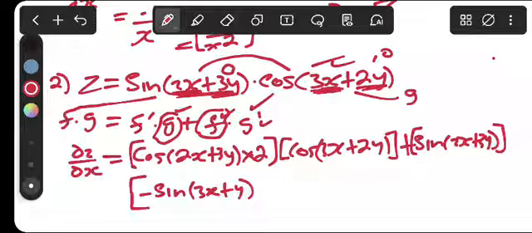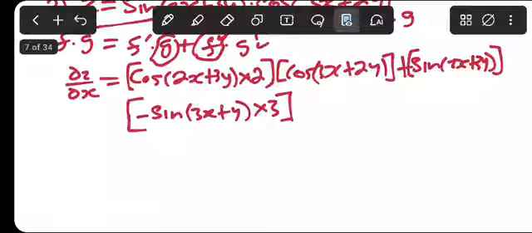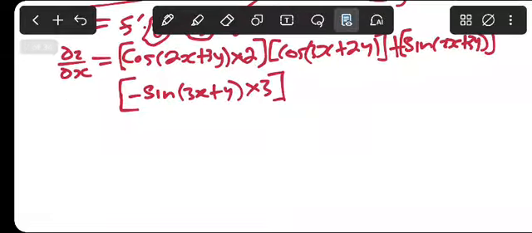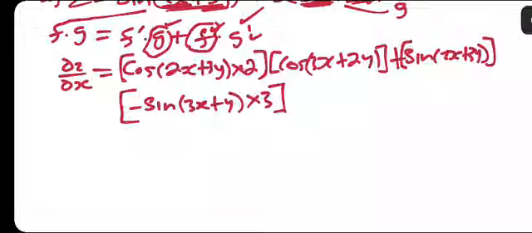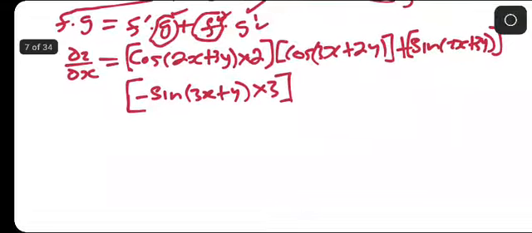Applying the chain rule, multiply by 3. All right, this is what we have, guys. So this will be equal to, this is what we have.